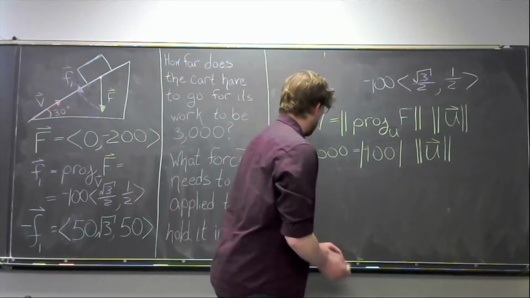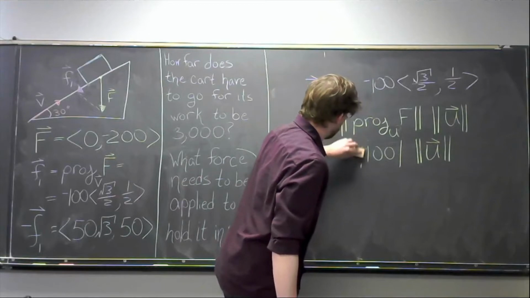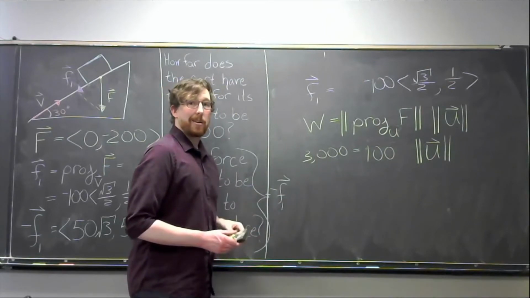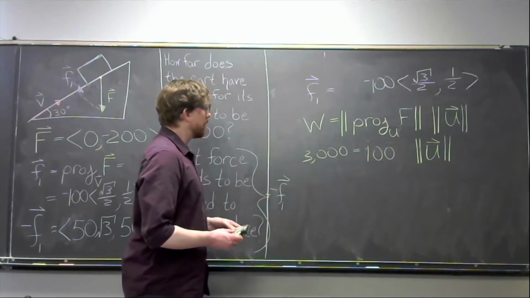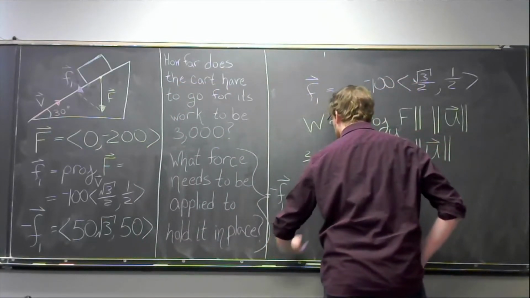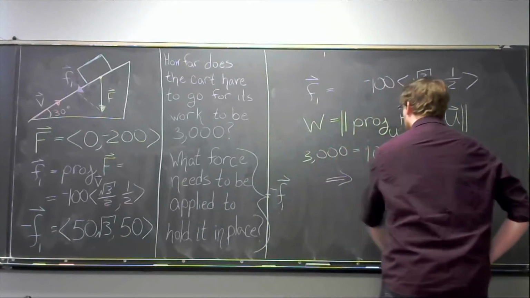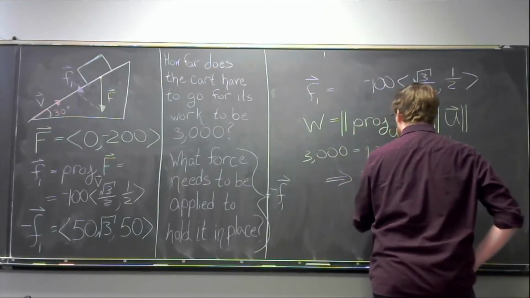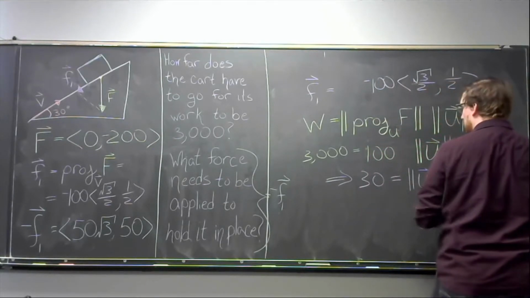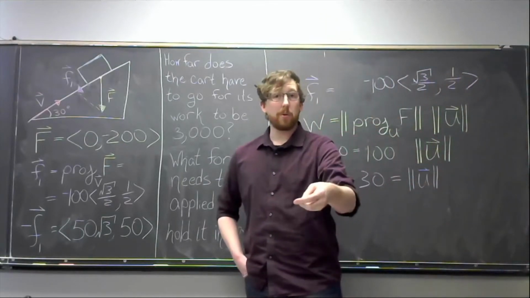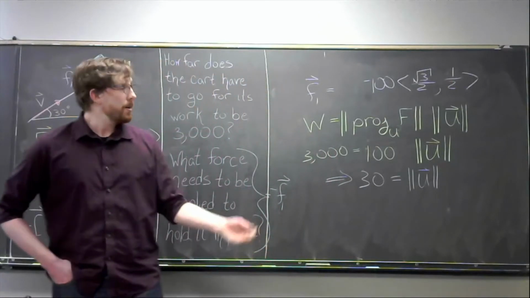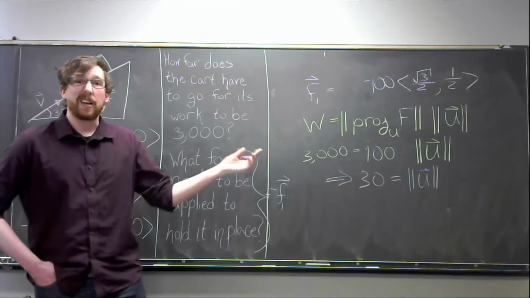So we can go ahead and drop the absolute values. Now all we have to do is divide straight across, right? So what we find then is that the magnitude of u is equal to 30. But u is in the direction of v. So if we want to find out what u is, it's just going to be 30 times v. That's it. That's all this is.